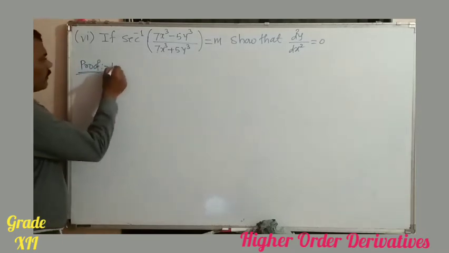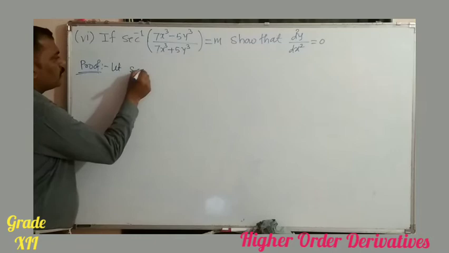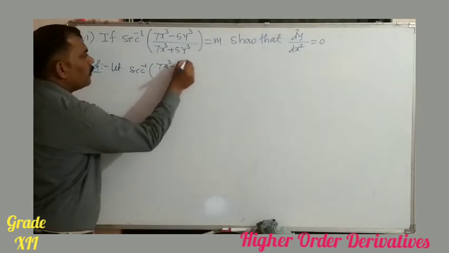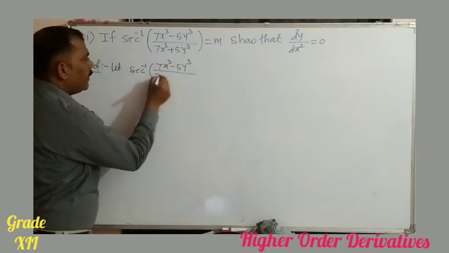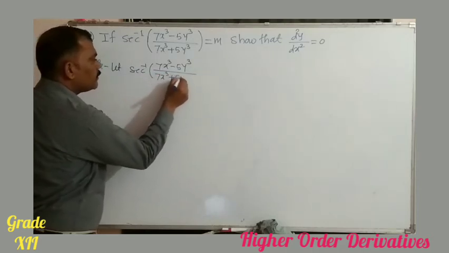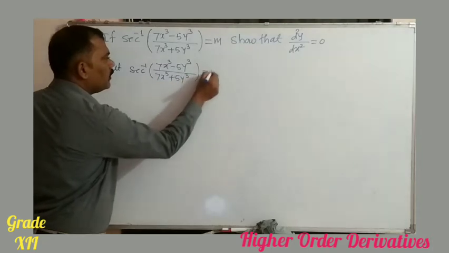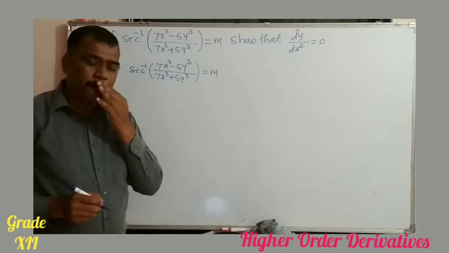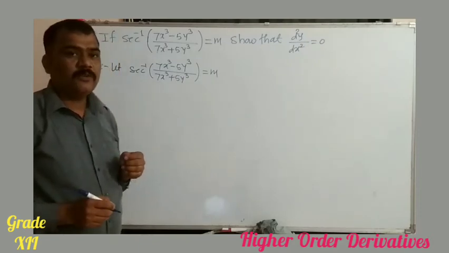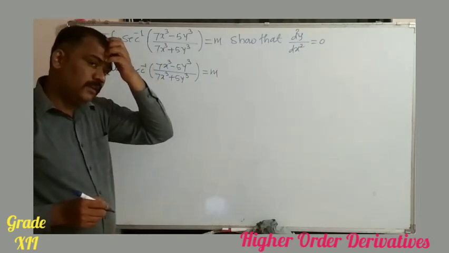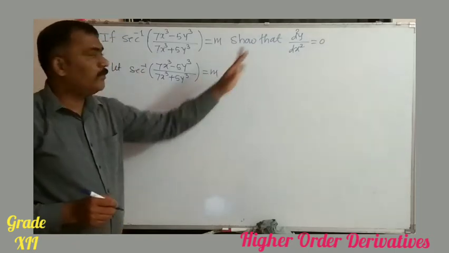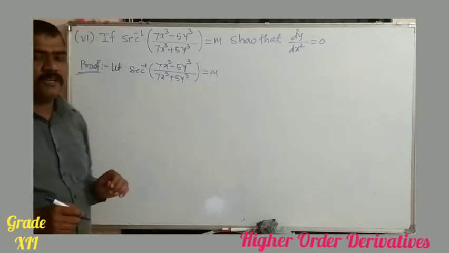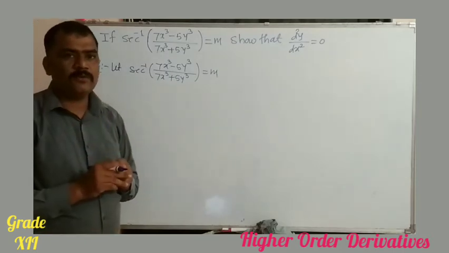Let sec inverse of (7x cube minus 5y cube) divided by (7x cube plus 5y cube) is equal to m. We solve this type of example in inverse trigonometric functions, but there we discuss first order derivatives. To find the first order derivative, that concept is required.